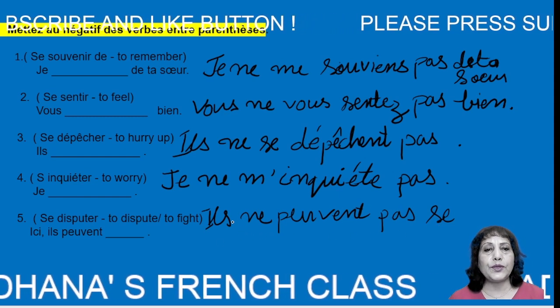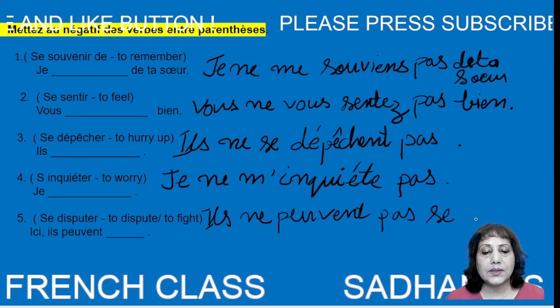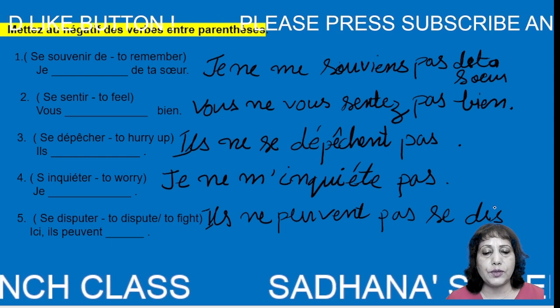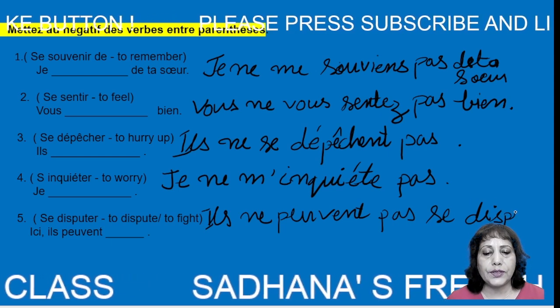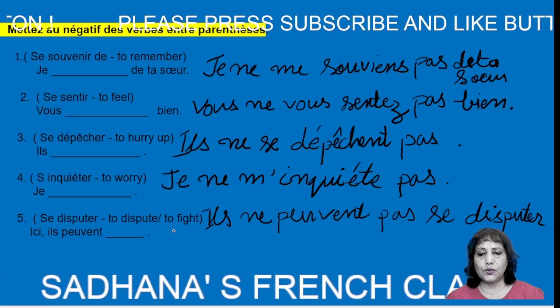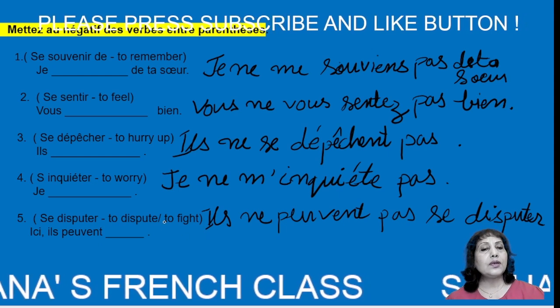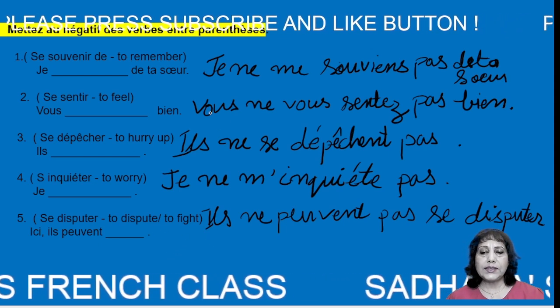If it had been vous or nous, we would have placed vous or nous. Okay, se disputer, this will be put as an infinitive. So: Ils ne peuvent pas se disputer. They cannot fight each other.